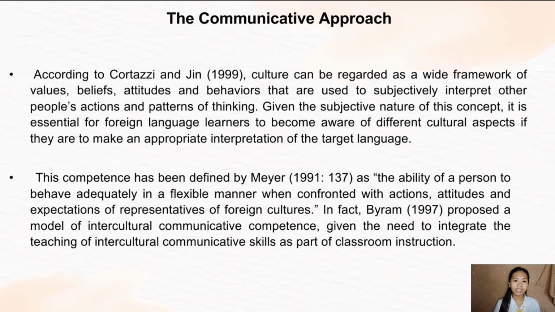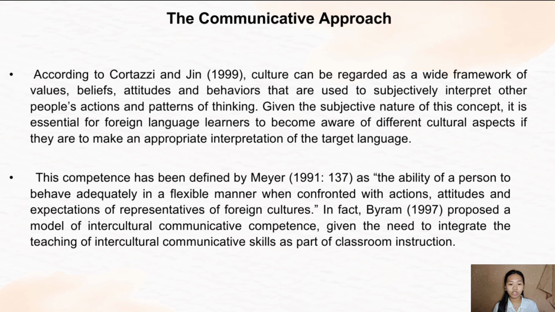This is aligned with the idea that Alcón's model would be missing the idea that language is also culture-bound, and this is why some other experts would claim that it is essential and important to foreign language learning to become aware of the different cultural aspects if they are to make an appropriate interpretation of the target language. Because remember, language and culture are always related, which is why there might be some miscommunication that will happen if you do not consider the culture.